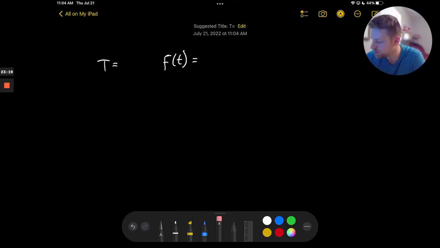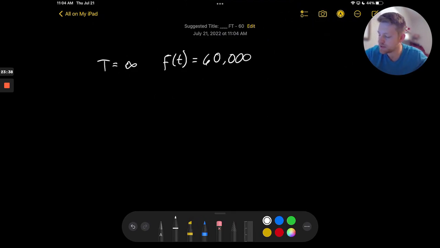So we want to be able to get this income stream forever. The income stream that we actually desire to get here is going to be 60,000. And then our interest rate, R, we said was going to be 6%.